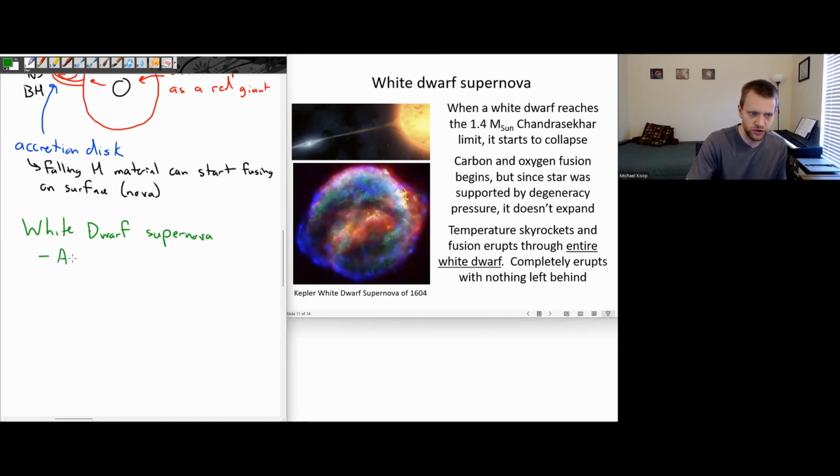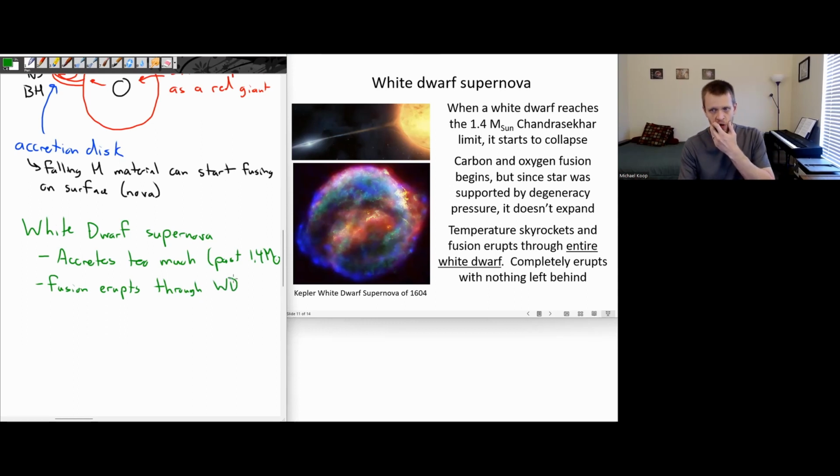So past that 1.4 solar masses, fusion erupts throughout the star, through the white dwarf. The entire thing is going through a fusion reaction simultaneously.